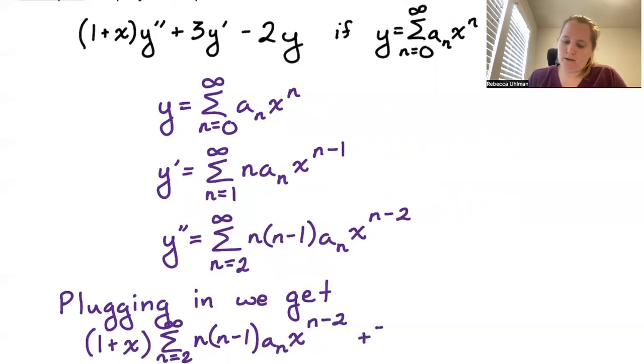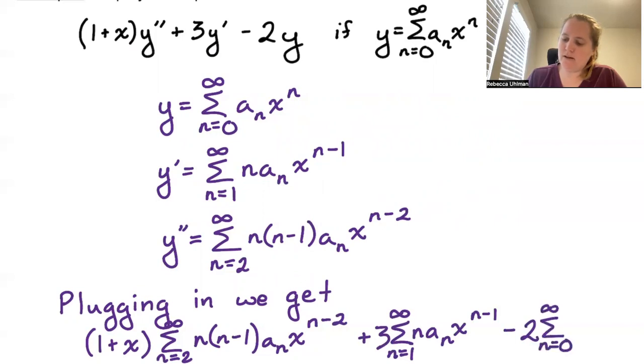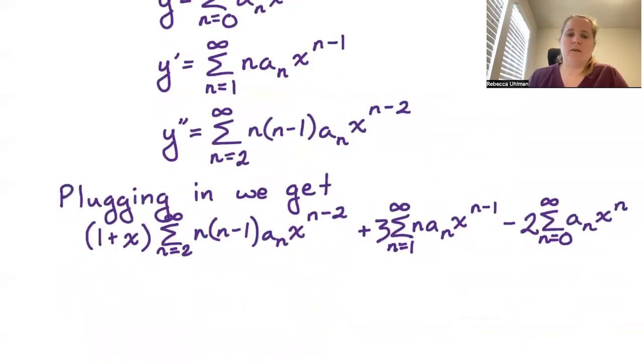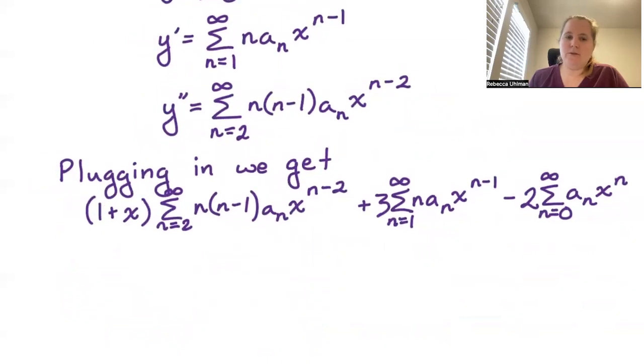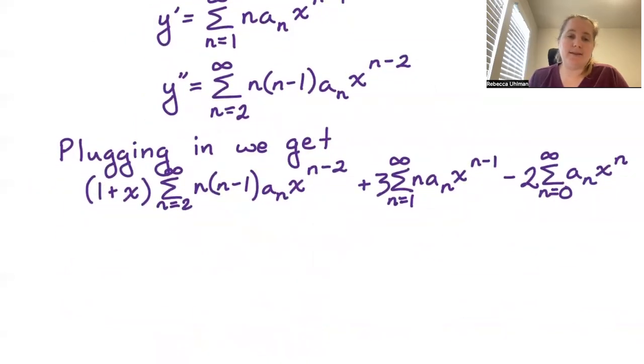Then we have plus 3 times the sum from n equals 1 to infinity of n times a sub n times x to the n minus 1. And then we have minus 2 times the sum from n equals 0 to infinity of a sub n x to the n. So the first thing we want to do is just multiply in that 1 plus x.